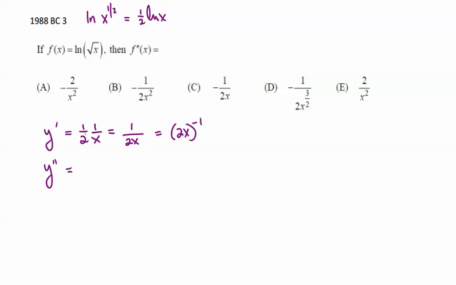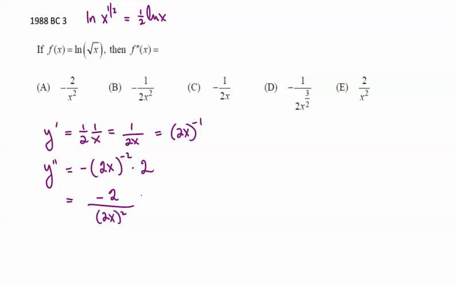Then the second derivative would be negative 1, that is, and we're going to reduce the exponent by 1, so it'll become negative 2. Leave the inside alone. Then times the derivative of the inside function, which is 2, and we end up with negative 2 over 2x quantity squared.